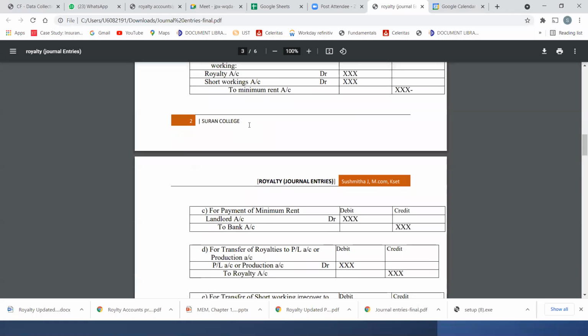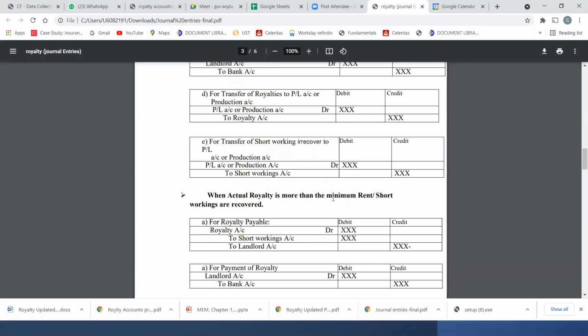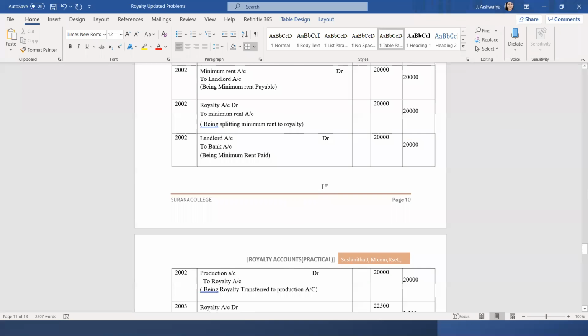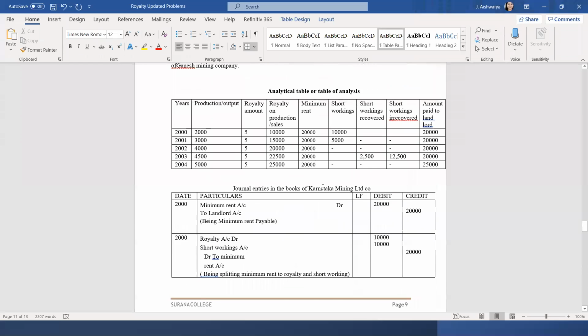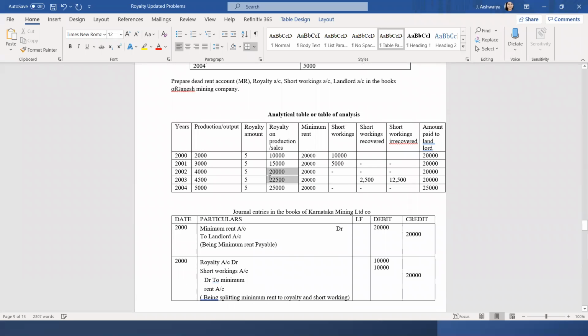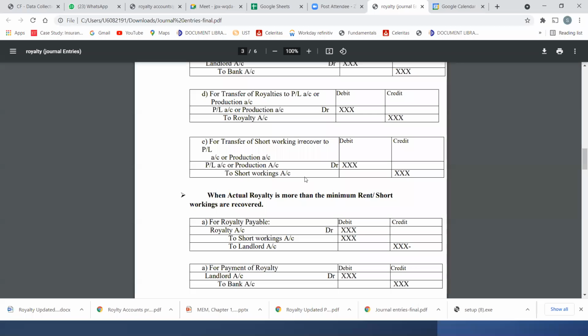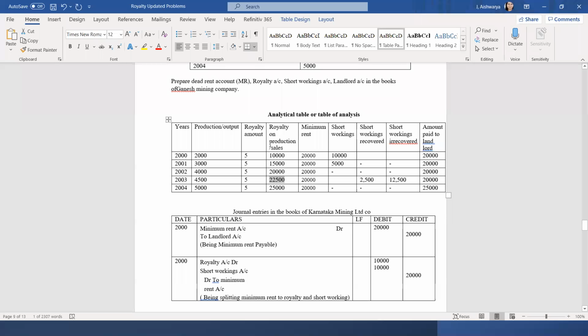If actual royalty is more than the minimum rent, then you need not write the minimum rent account, because you have already completed.